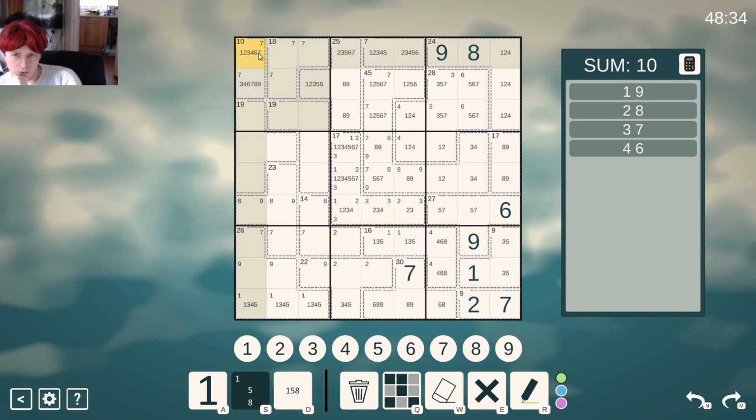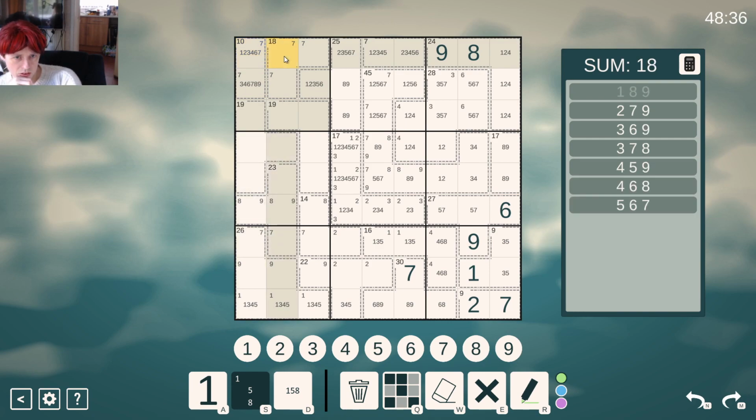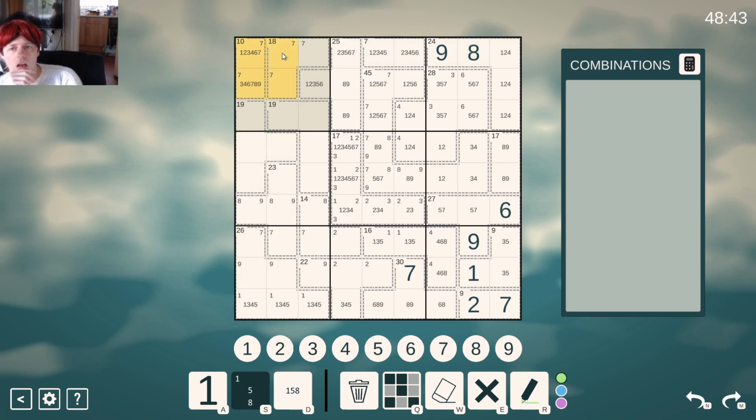So there must be a 7 in this one or a 7 in this one. And the sum is 28, so the remaining digits have to add up to 21. The average of that is about 5. So it's not very helpful.